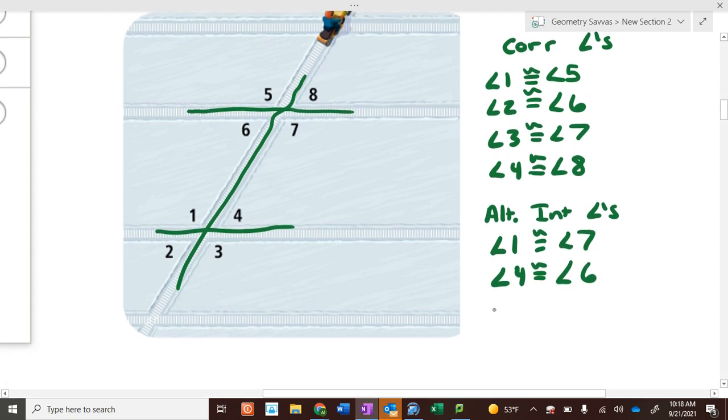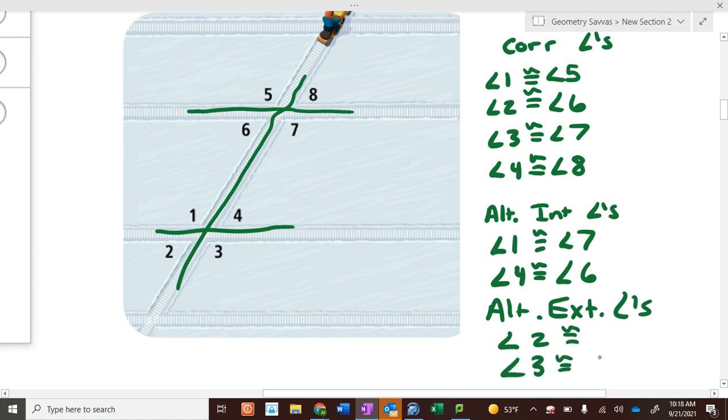Okay. Then we have alternate exterior angles. So angle 2 and angle 3 have alternate exterior angles. So what's alternate exterior with angle 2? Who should we pick on?